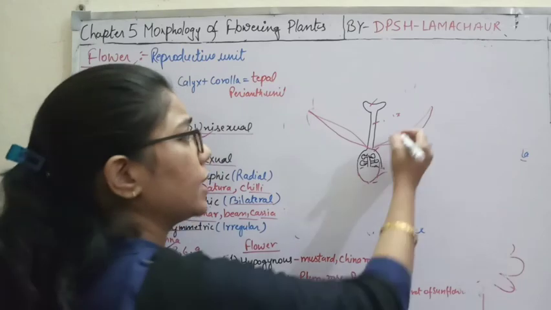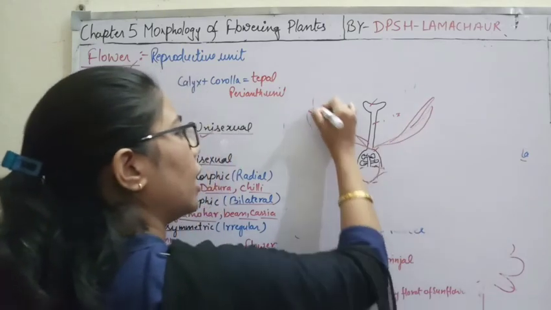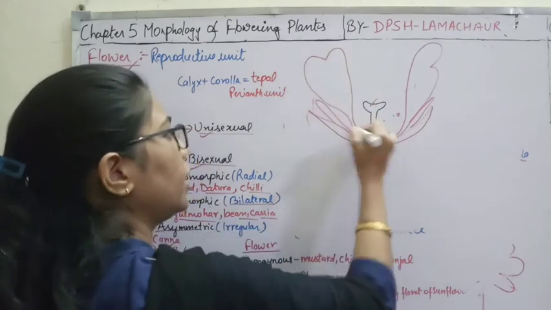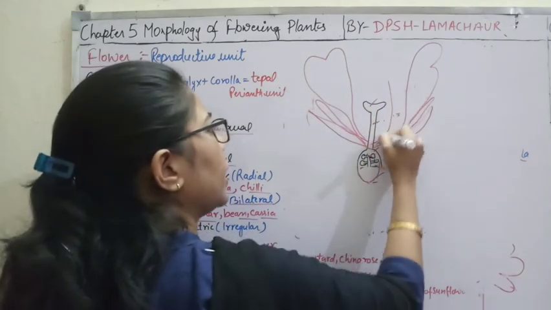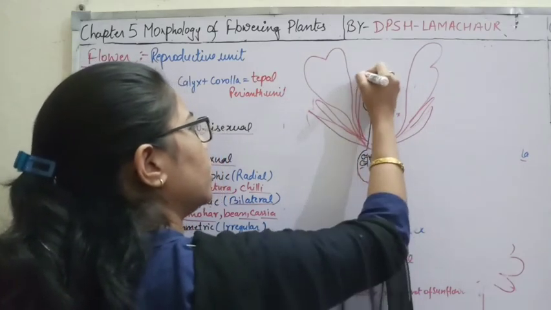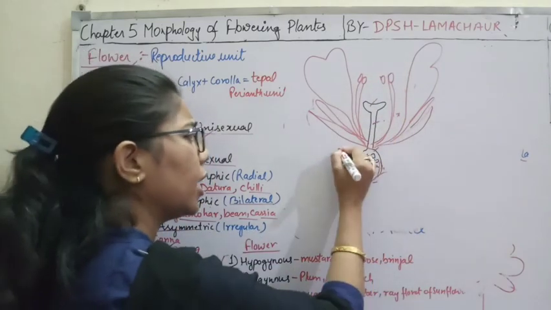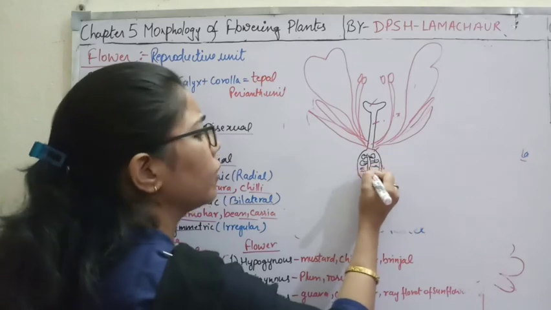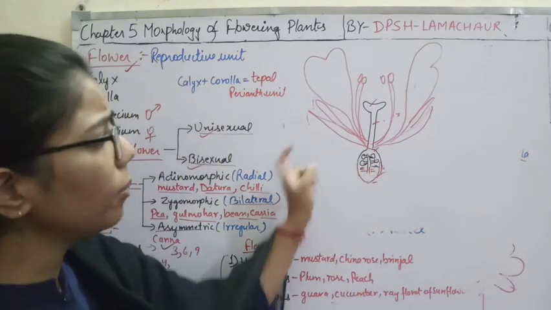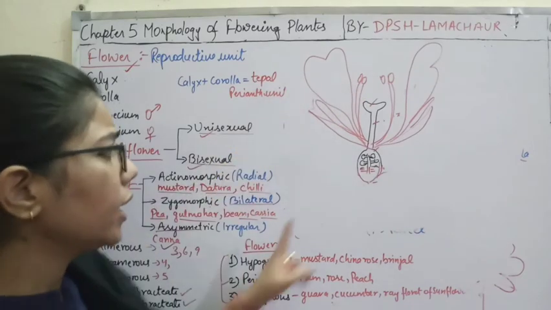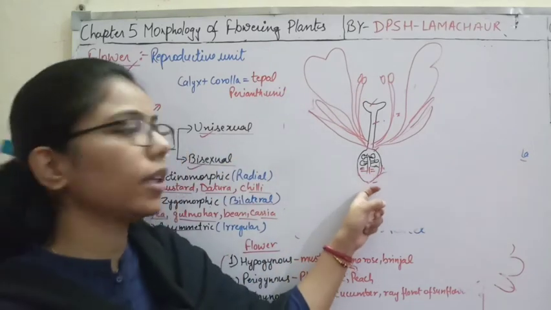It means the sepals will also be here, the petals will also arise from this side, and the male part is also on the same side. So in this case, the ovary is fully inferior, and all the parts are lying above the ovary. So what will you call it? The ovary is inferior here.